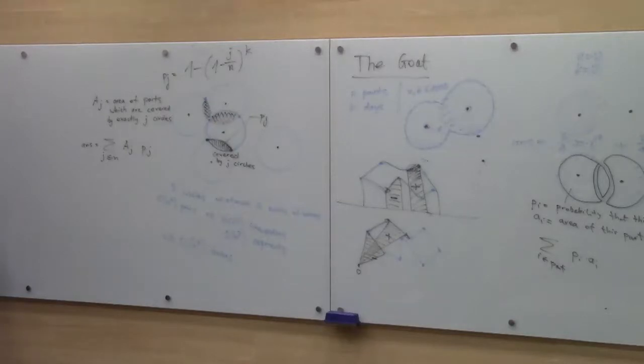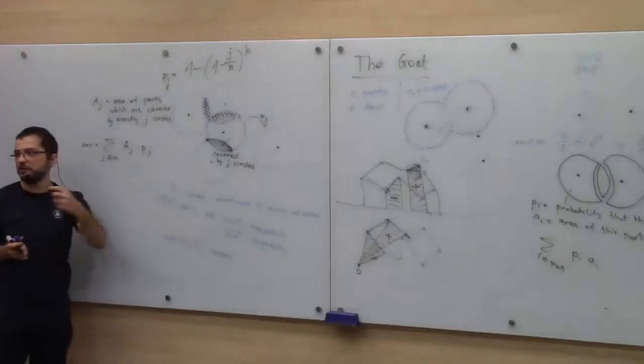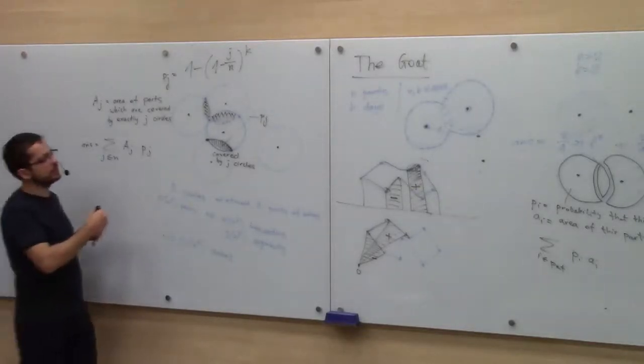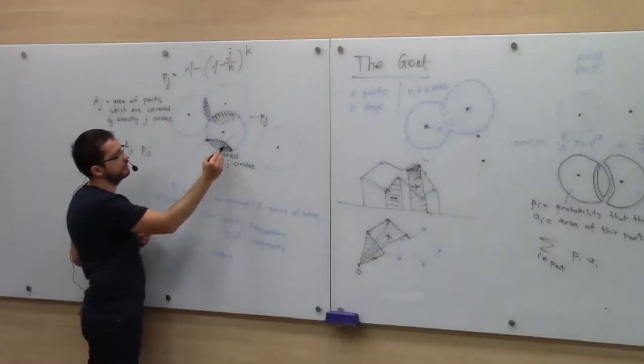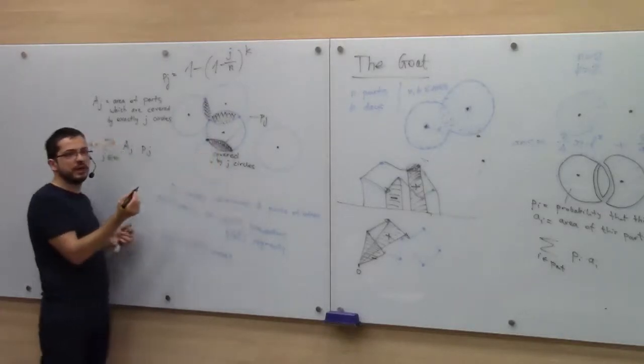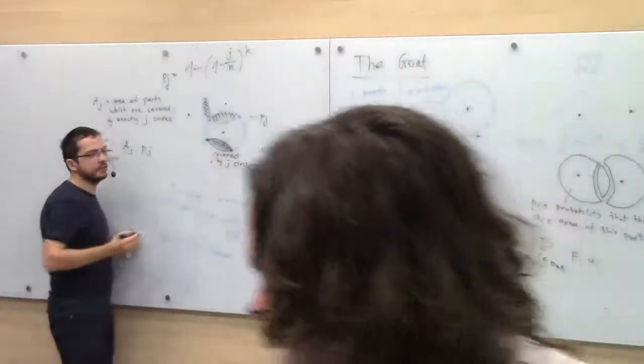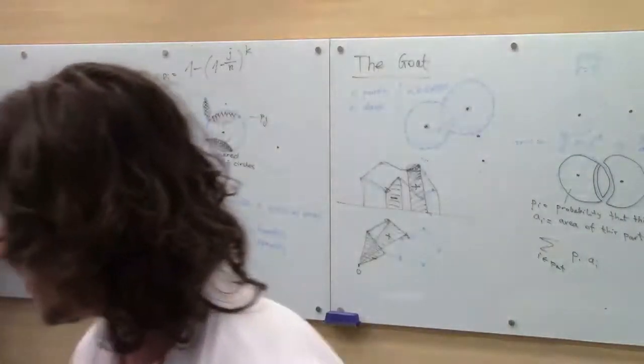Well, we can for instance ask ourselves by how many circles this edge should be covered, because we can ask about how many circles cover a certain area, but we also can ask how many circles cover a certain edge.